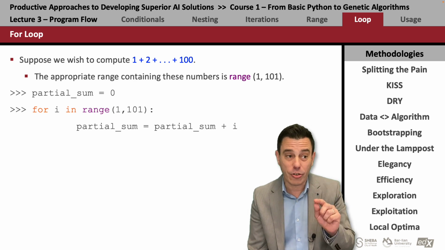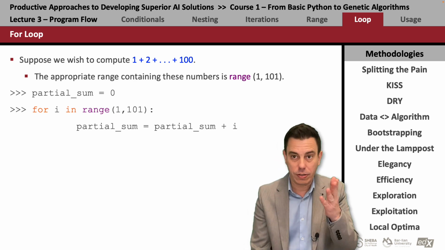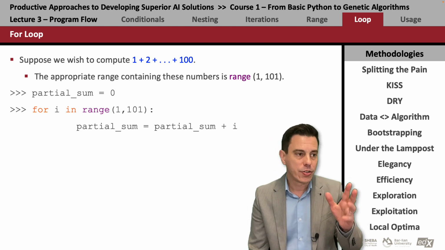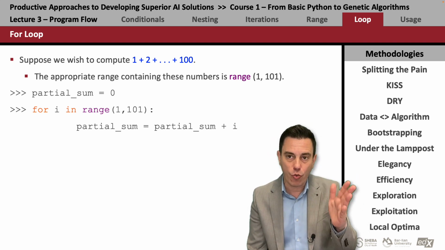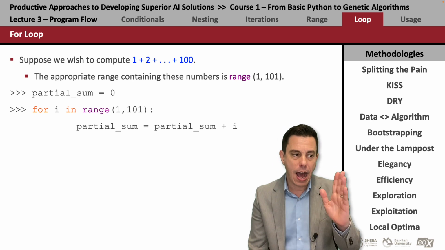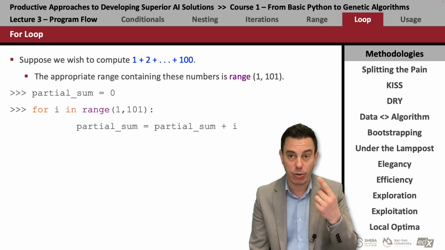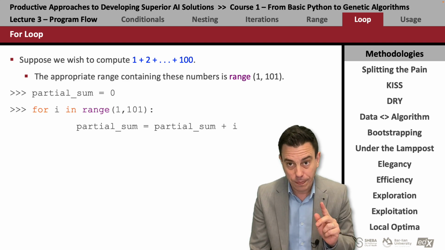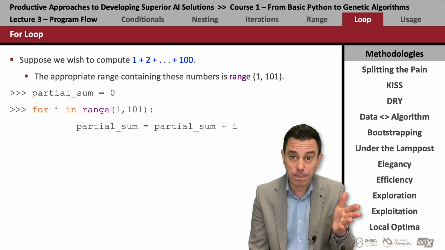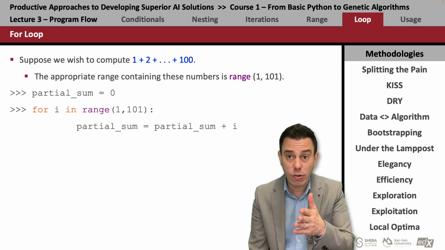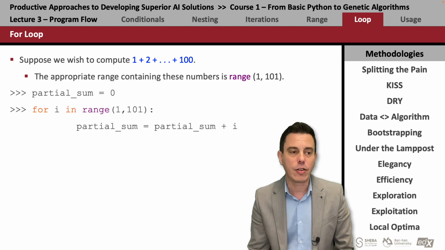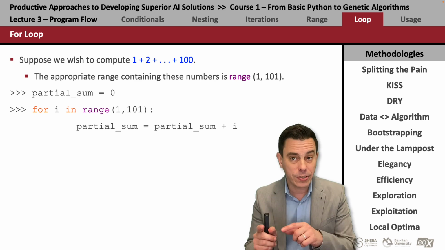In the first iteration, partial sum is 0, of course. And now we begin the loop. So for I in range 1 to 101, I in this case will be, because it's the first iteration, equal to 1. So partial sum equals to, now we look at the expression to the right of the equal sign, calculate it first.